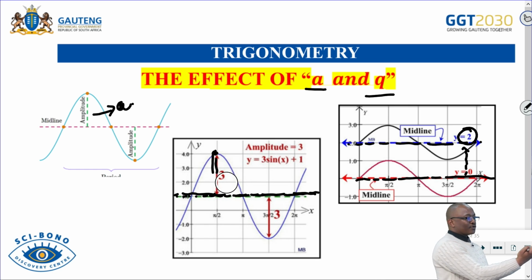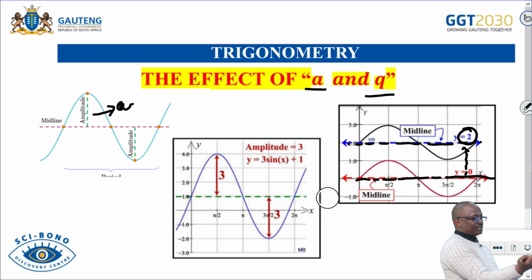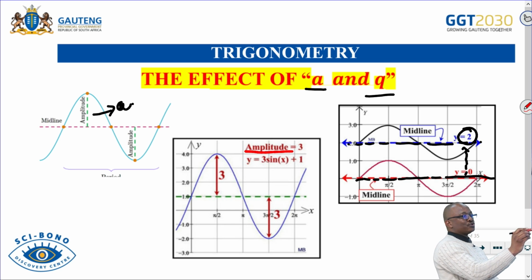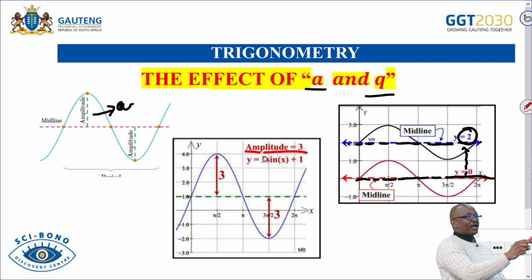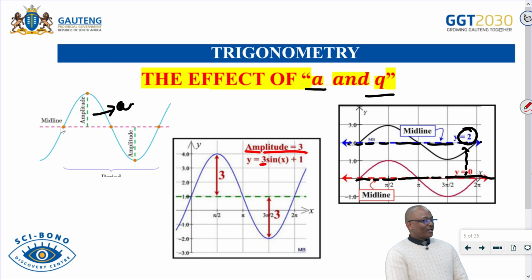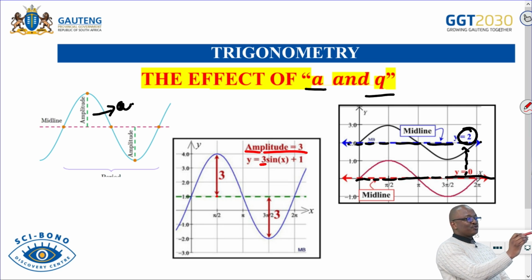Looking at this picture, the amplitude is equal to 3. You can see where 3 is positioned. It's positioned where A is supposed to be positioned. Correct? And we agree that the amplitude is 3. You can read from the graph: from 1 to 4, you count 1, 2, 3 units.